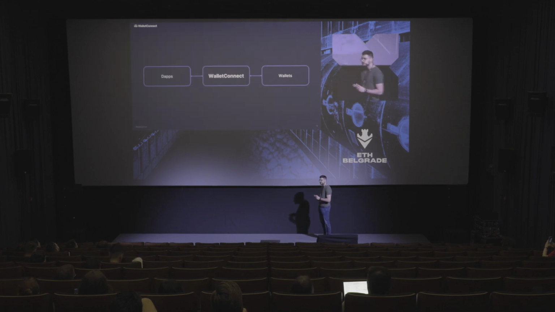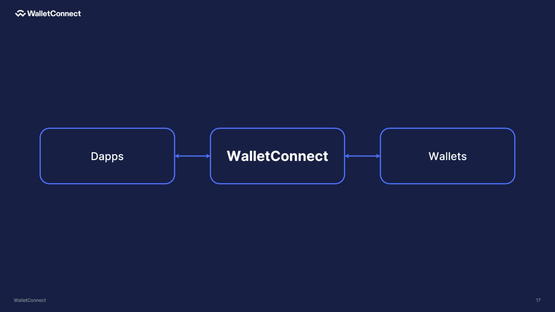How is that possible? Well, most dApps and wallets already utilize the WalletConnect protocol and WalletConnect SDKs. So we are striving to make all of this not a breaking change for the dApp. Because if you say, yeah, permissions are great, but you have to spend weeks or even months changing your code in order to support this, nobody's going to support this.